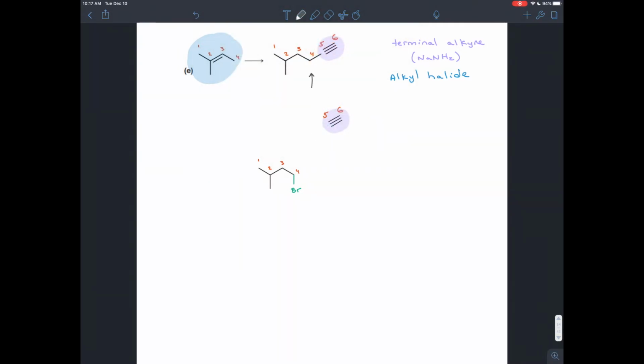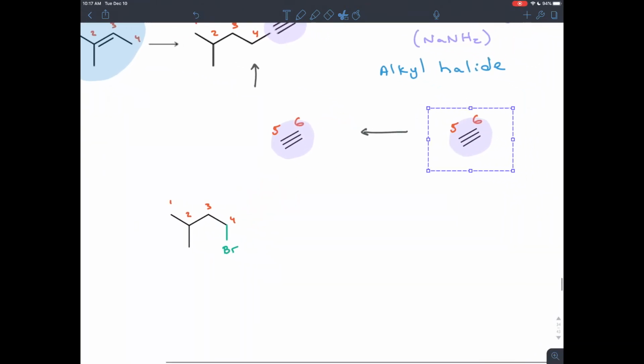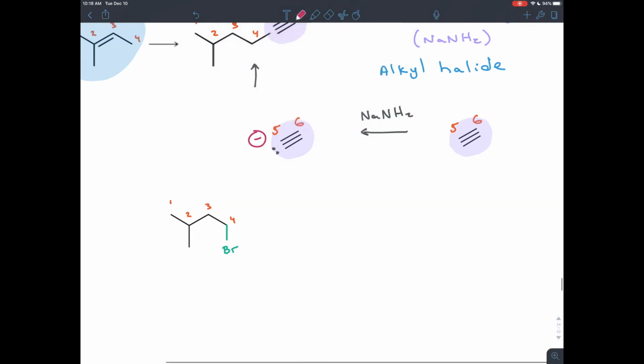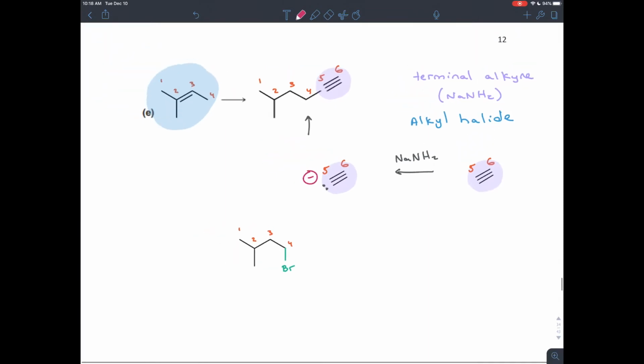If we have this alkyne, and we turn it into a nucleophile by treating it with sodium amide, that would rip one of these hydrogens off, and the electrons in that bond would become a lone pair, which would have a negative charge and act as a nucleophile. If we had that, what carbon chain would we need?